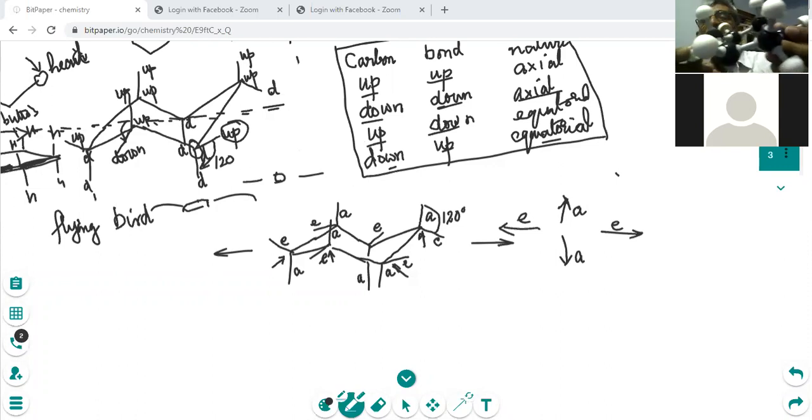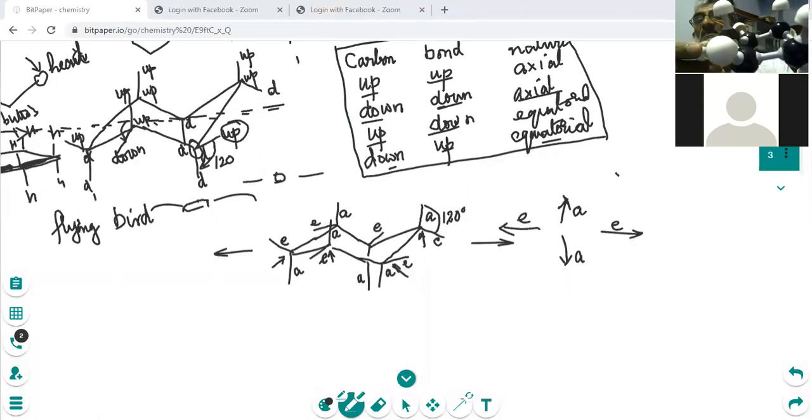Now you can see all the 6 carbons. Ideally, you should be able to see only 4 carbons. That's the ideal situation. But if I draw only 4 carbons, nobody will tell you that it is cyclohexane. So what we do is slightly bend it towards the front side.